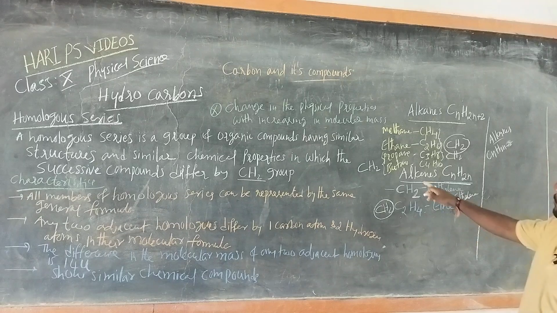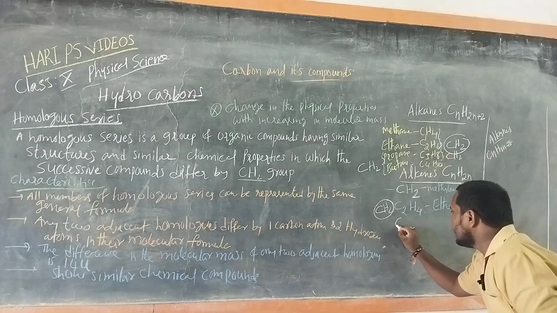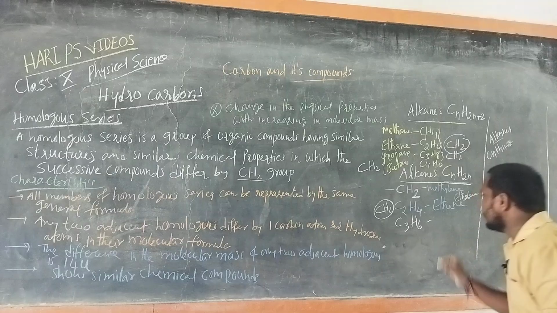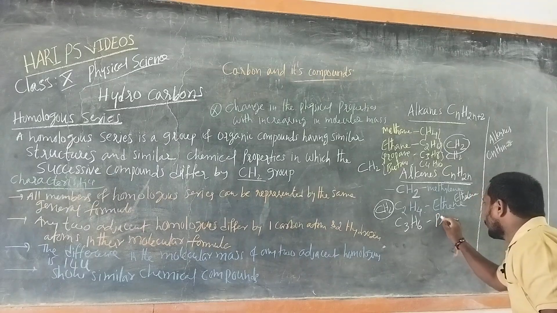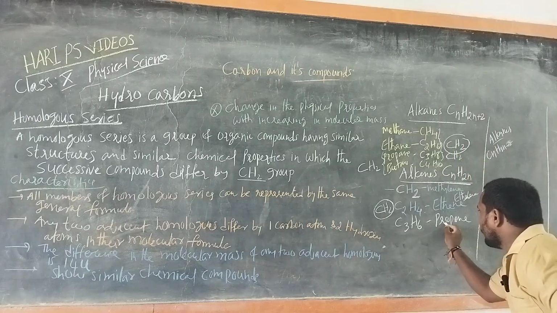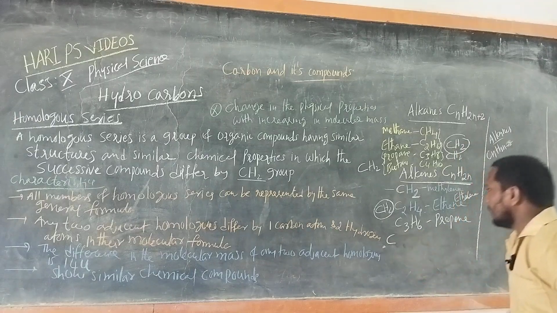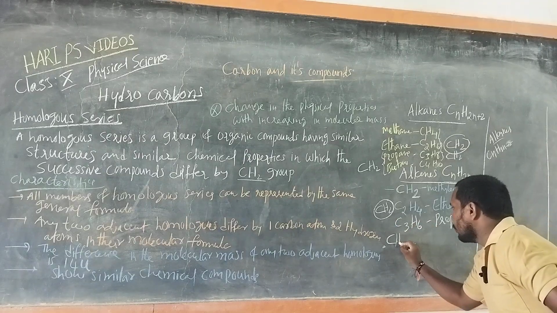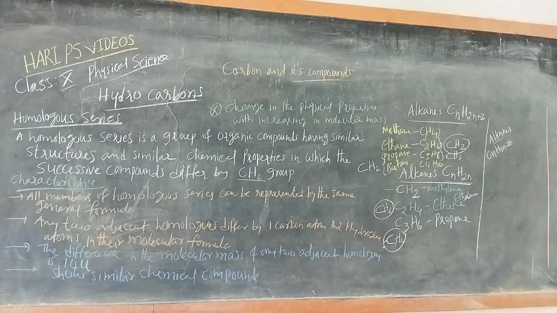For example, if n is equal to 3, C3, 2 threes are 6, C3H6, it is propene. Propene has 1 carbon and 2 hydrogens more than ethene, so CH2 is the difference.